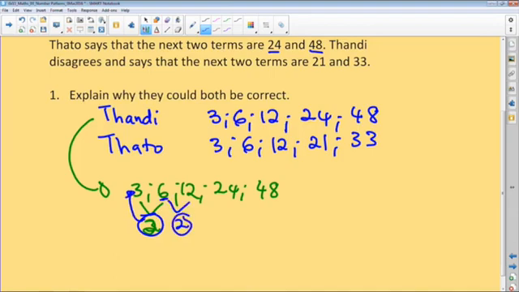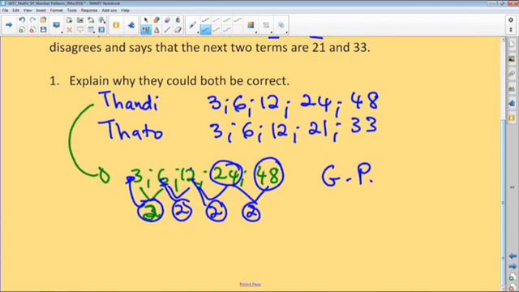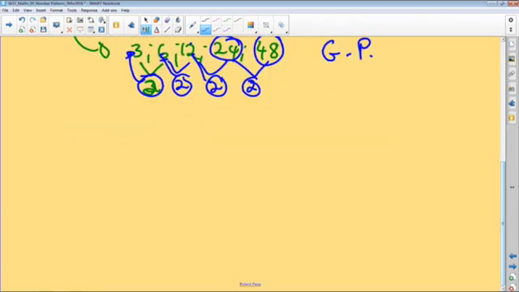I multiply 6 by 2 to get a 12, 12 by 2 to get a 24, and 24 by 2 to get a 48. So Thandi is looking at a sequence which we call a geometric sequence or a geometric progression. So she is not breaking any math rule. She is correct.